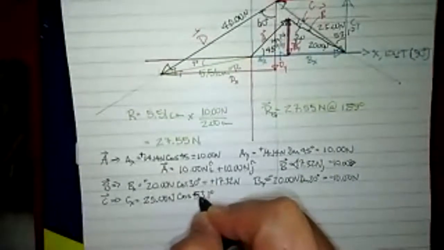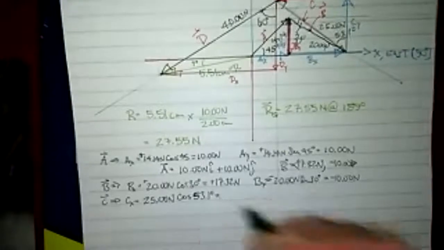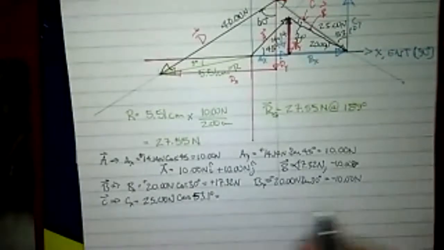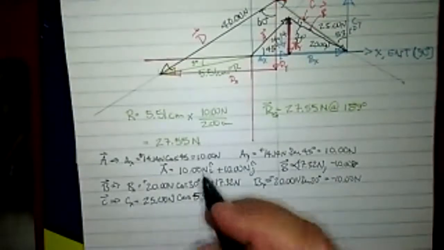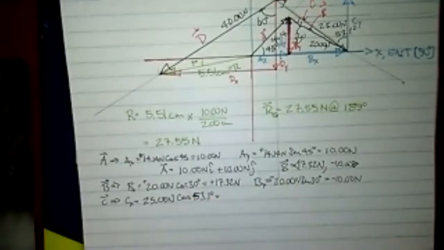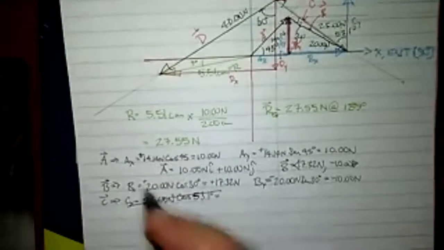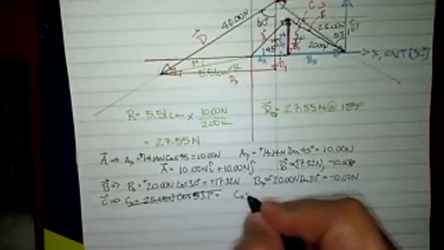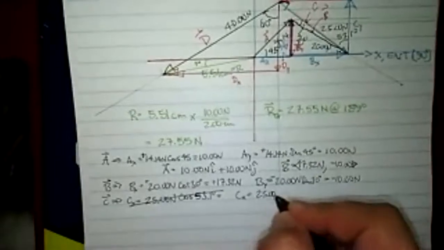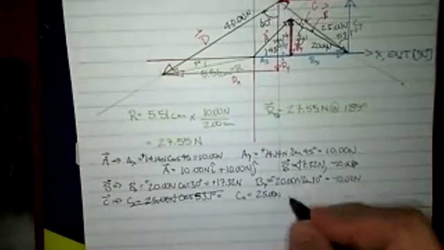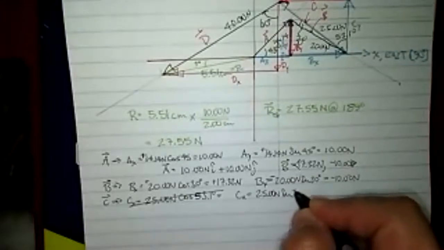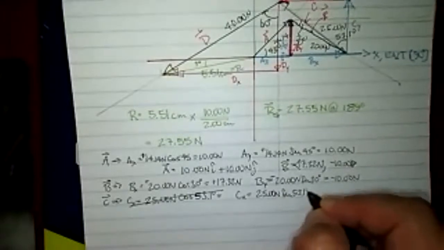Again, that's that special 3, 4, 5 triangle that we're talking about. Oh, this is C sub x. Oops, I drew the wrong one. C sub x is 25.00 newtons times the sine of 53.1 degrees.